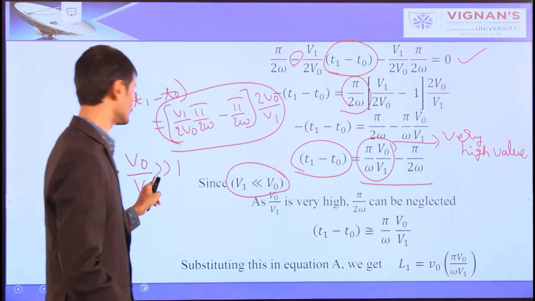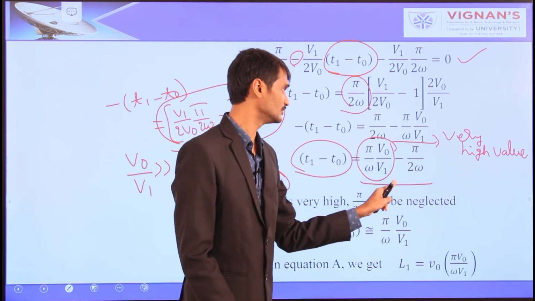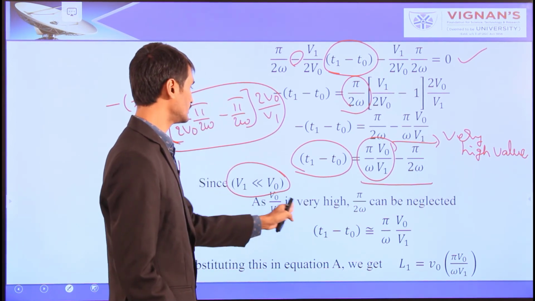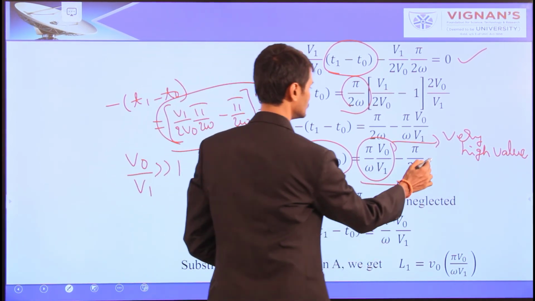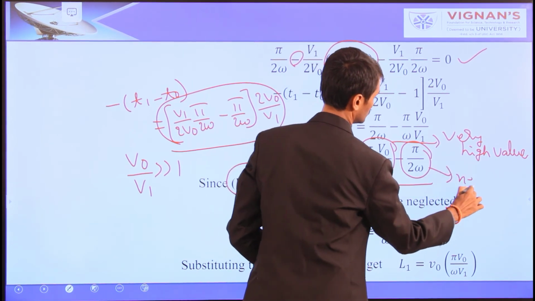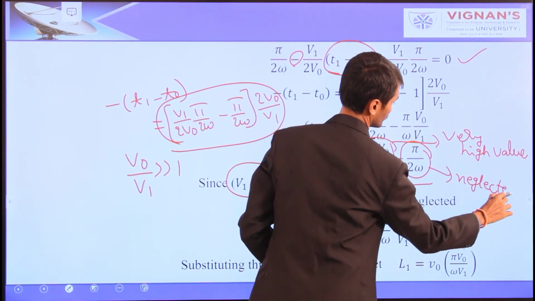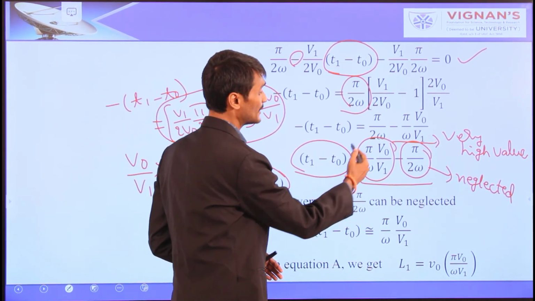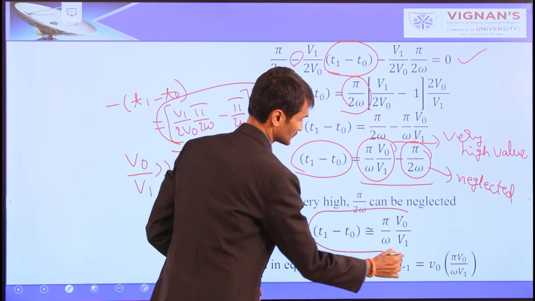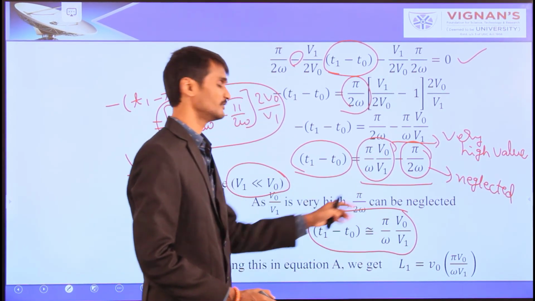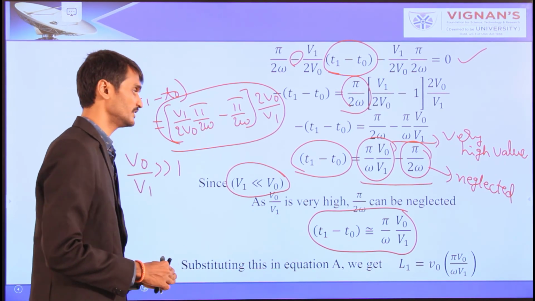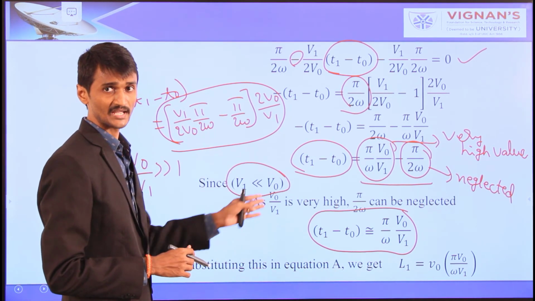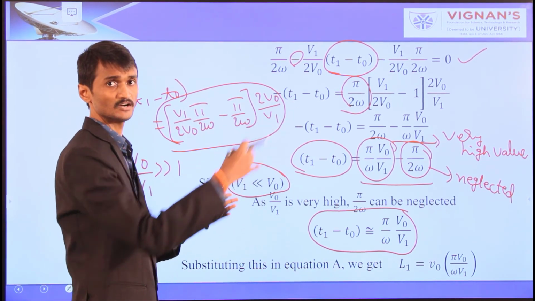Very high value minus pi by 2 omega, so pi by 2 omega can be neglected. Now T1 minus T0 is approximately equal to pi by omega into V0 by V1. Here T1 minus T0 is the time difference between the electrons when traveling a distance of d.